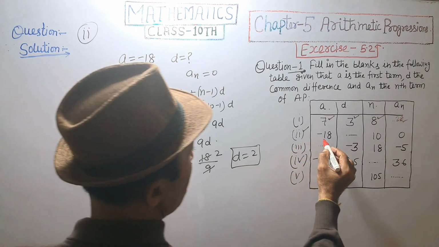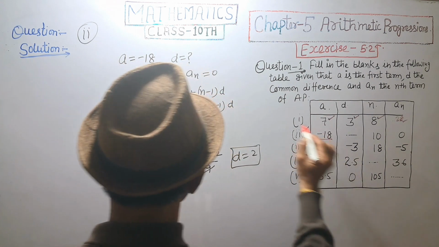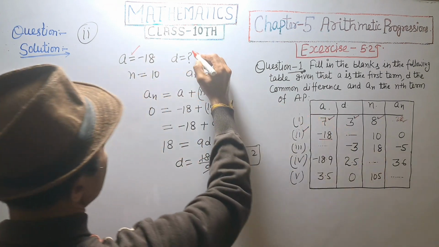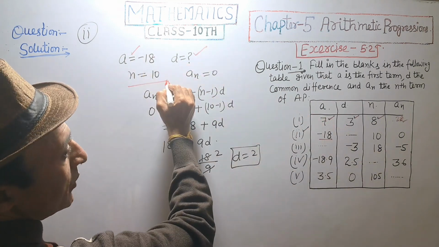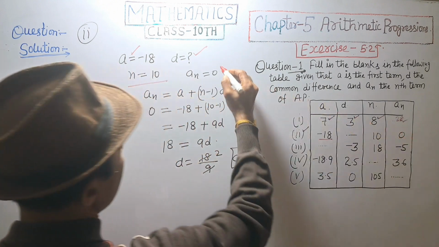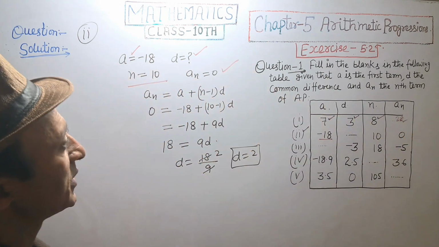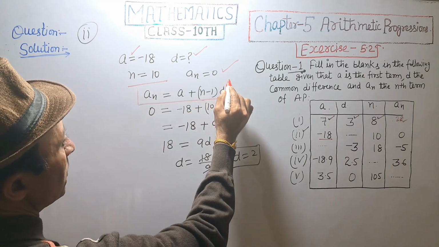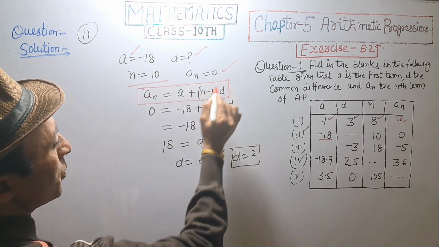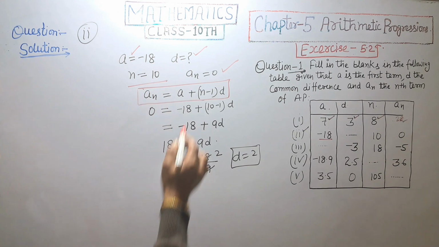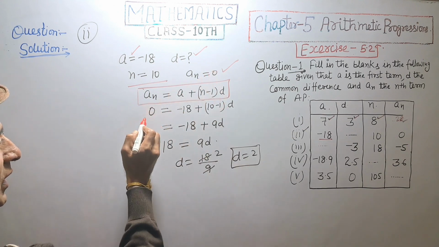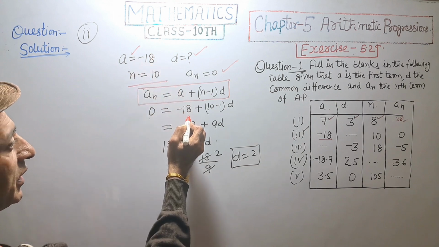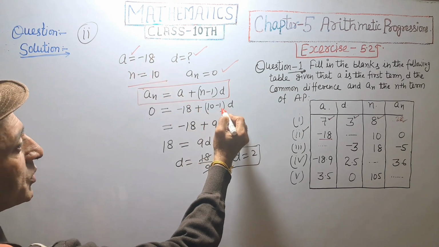Given A is equal to minus 18 and D, we want to find N is equal to 10, and An is also given, that is equal to 0. An is equal to A plus N minus 1 into D. An is equal to 0. Put An is equal to 0, and A is equal to minus 18 plus N minus 1.